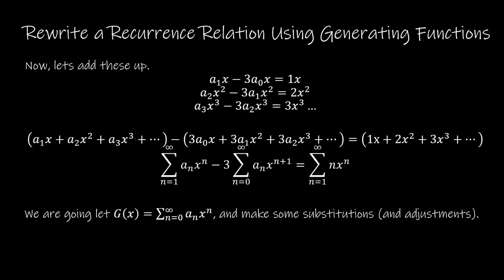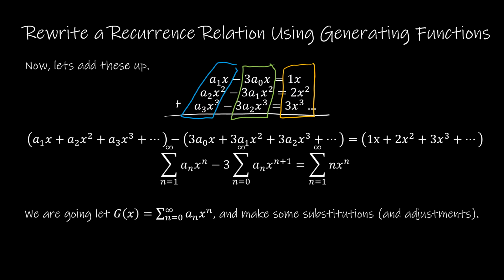Then I'm simply going to line them up the way that they are, and combine them together. So I'm going to add everything. I'm going to add all of these first terms together, all of the second terms together, and all of the third terms together.